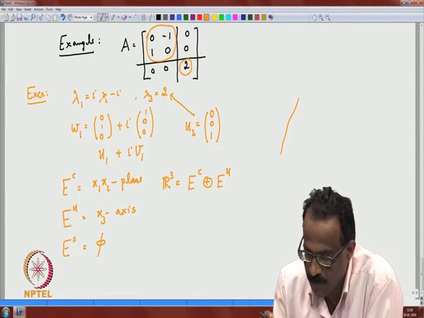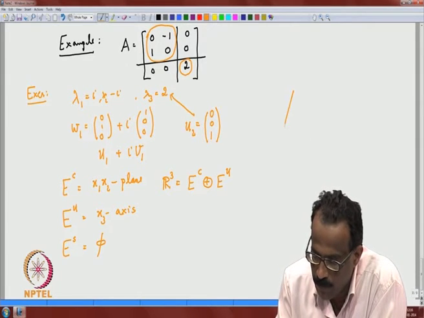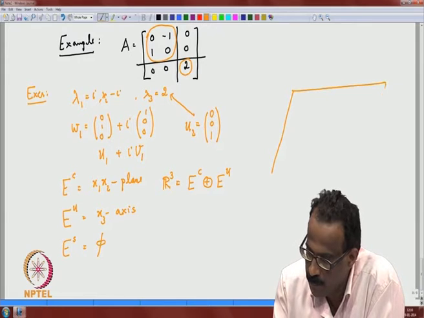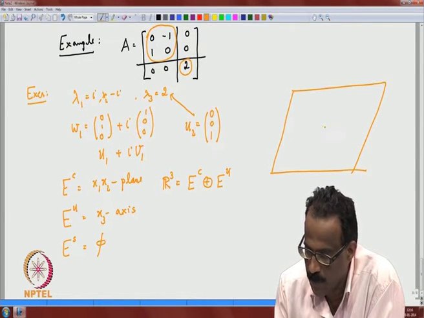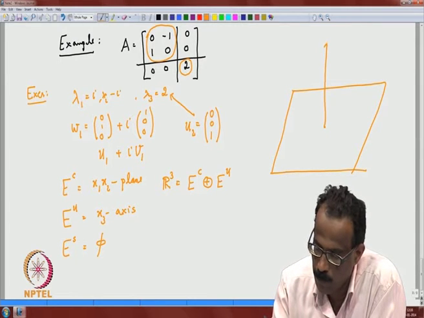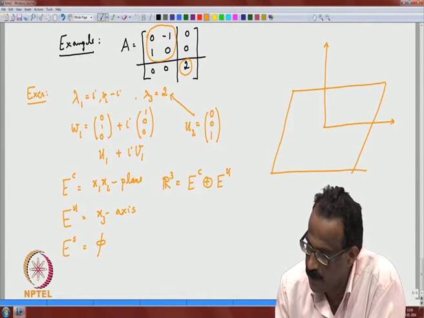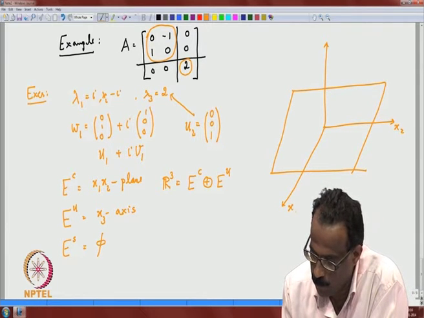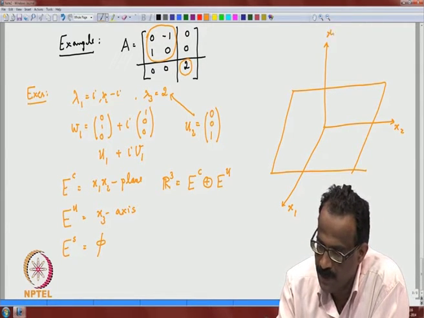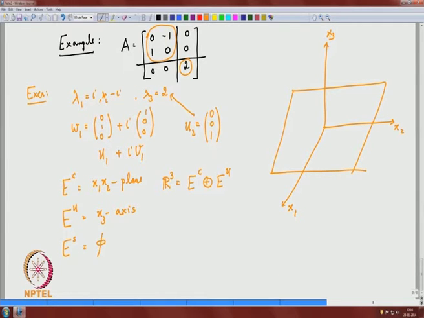If you want to see a plot of this graph, this is your x1, x2 and this is your x3, and x3 is a decoupled part.